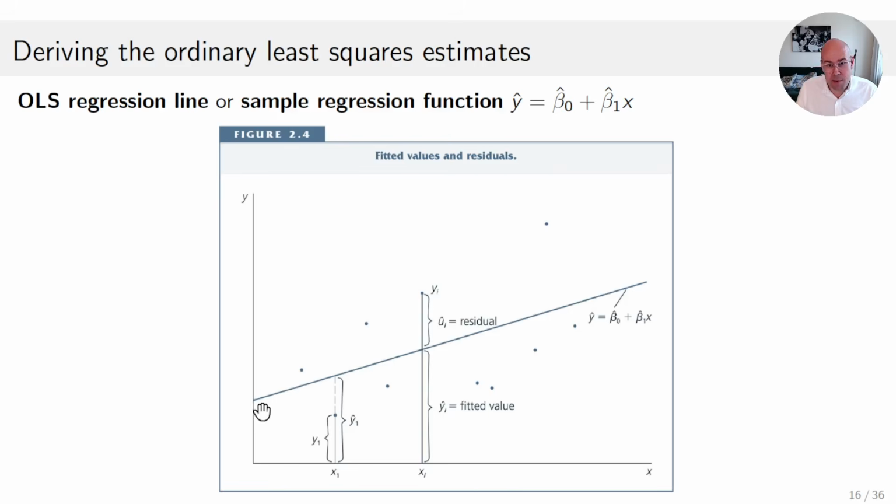So I can plot this line for any x, and then I have my data points, which are these dots. The difference between a data point and the regression line for the same xi is always going to be my residual, and the point on the line is the fitted value. And here is again my sample regression function, where a fitted value would be yi hat is equal to beta naught hat plus beta 1 hat times xi.